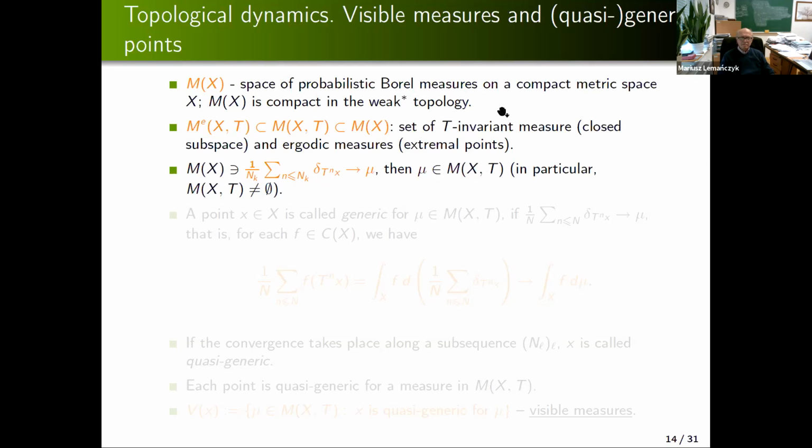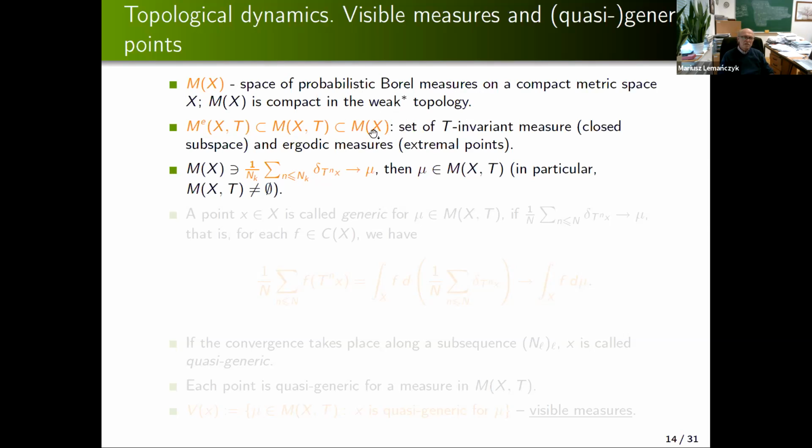And this space itself is compact in the so-called weak star topology. I will maybe not formally define this topology, but you will see in a while what's going on. So from this X, we create a new compact metric space. And so this is our M of X.